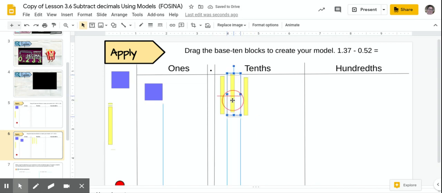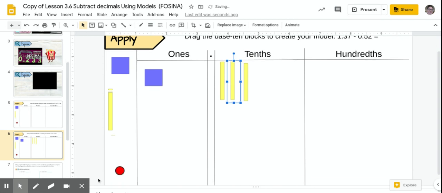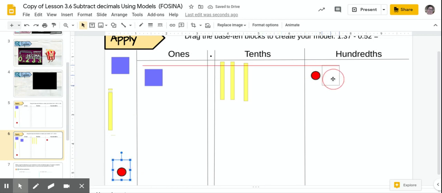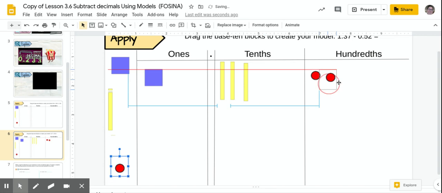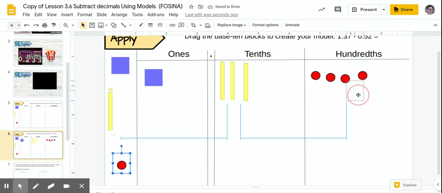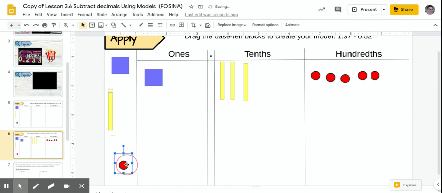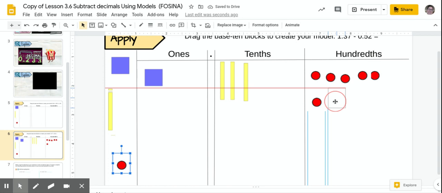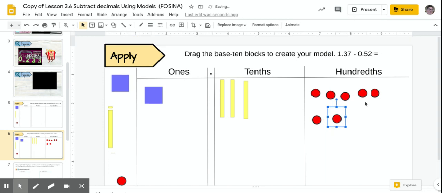Alrighty, and then I need 7 of my hundredths, which are these red round circles. 1, 2, 3, 4, 5, 6, 7. So I try to keep them organized in groups of 5 just so that it's easier for me to know what I'm looking at in a quick row.